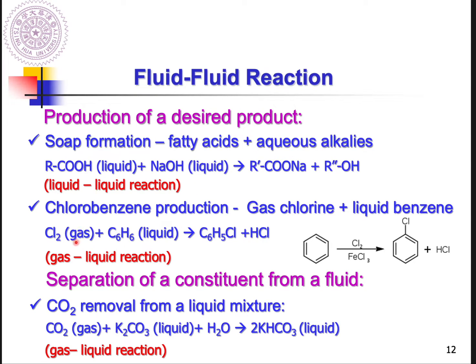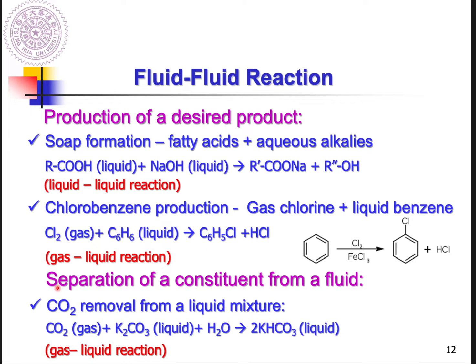And in another example, if you have chlorine gas react with liquid benzene, then you will get chlorobenzene production. You will have chlorobenzene, right? And HCl as a byproduct. So this is the formation of a desired product by using a fluid-fluid reaction.